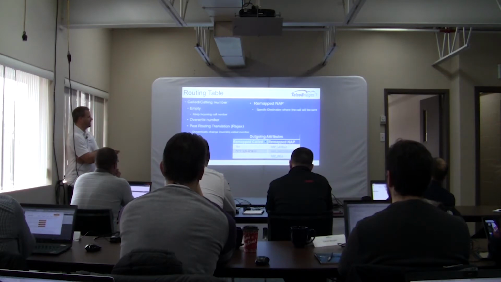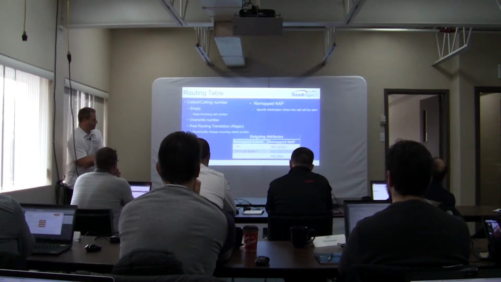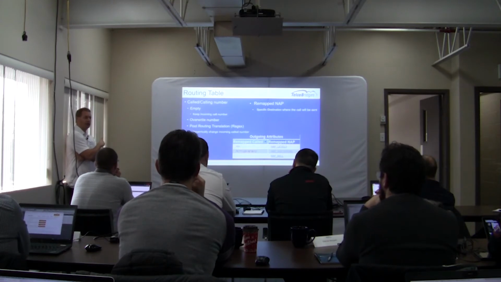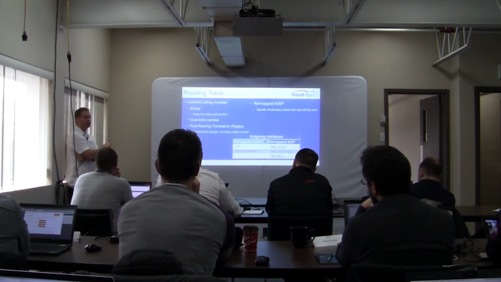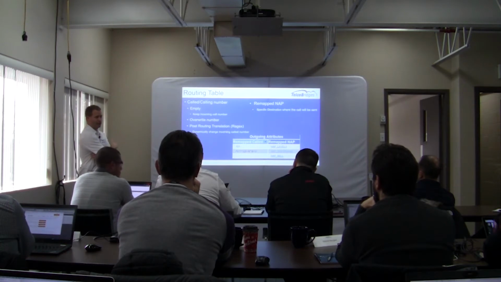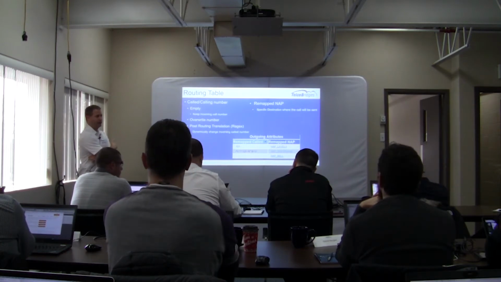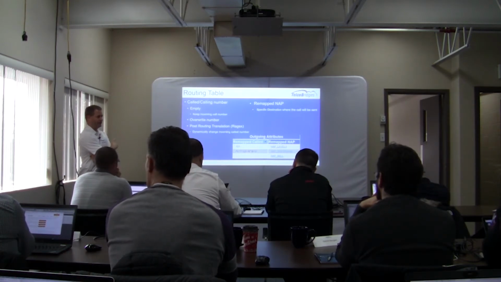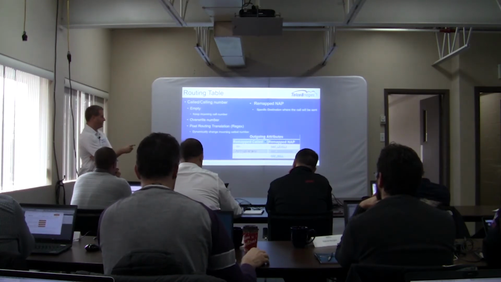In the case of the remap NAP, you either always have to put a specific NAP, or when you're using registration, as we saw yesterday, you can set it by registered user. That's another option: if the user is registered, then it can be routed back to this registered phone. I can come back to that later.